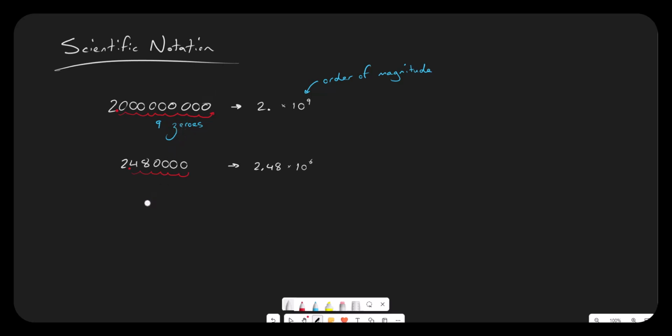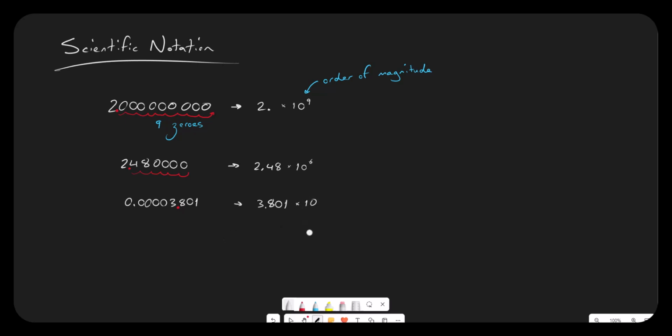So maybe I've got a number like this. I'm going to do the same thing I did before. I'm going to put a decimal in the location that gives me one digit before the decimal. So that's going to be right here. When I do that, I'm going to get 3.801.